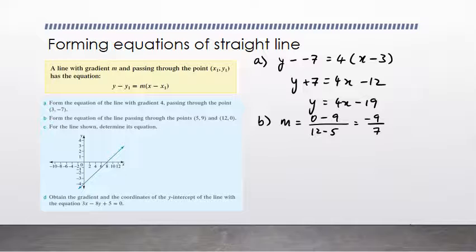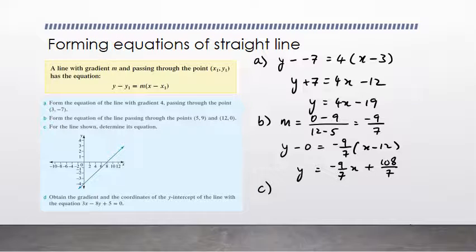Pick one of the points, not both. I'm going to pick the 12, 0 point because then it's y minus 0 and it's nice and easy to work with. And then simply expand it. If you want to, you can actually move values over, but I'm just going to leave it as that.